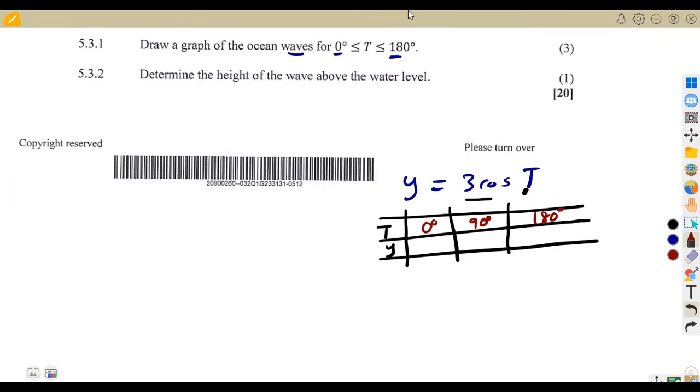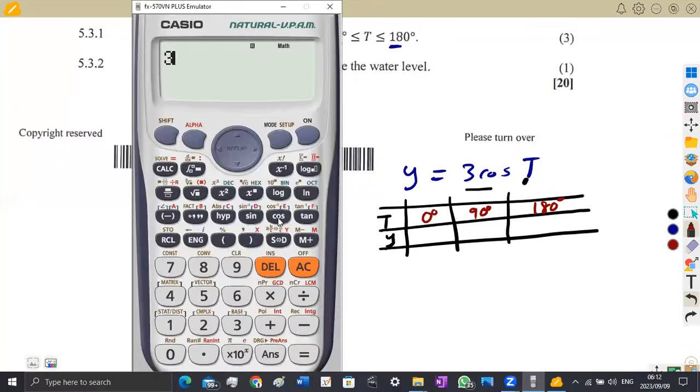So let us have our calculator here. Just put in your values, 3 cos. My calculator shows an R to indicate it's in radians, so I have to change this to degrees, because I was using it another way. So this is equal to 3 like this.